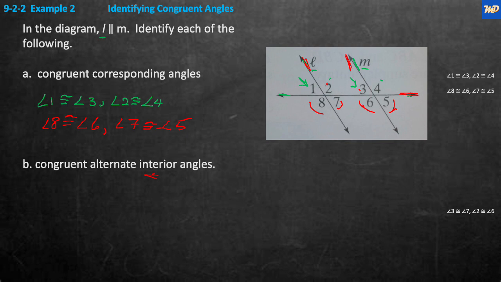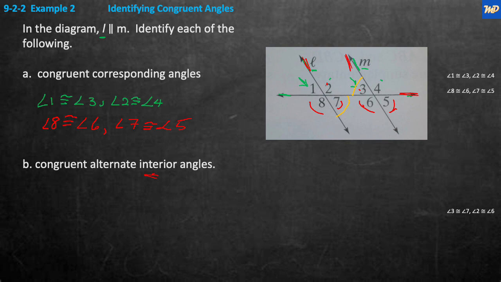What they're saying, let me pick a different color here. I'll pick orange. 3 is an alternate angle to that. Interior is 7. Okay? 3 and 6 are supplementary. They're not congruent. We know they're not the same unless that was a 90-degree angle. They're different. But 3 and 7 are congruent.